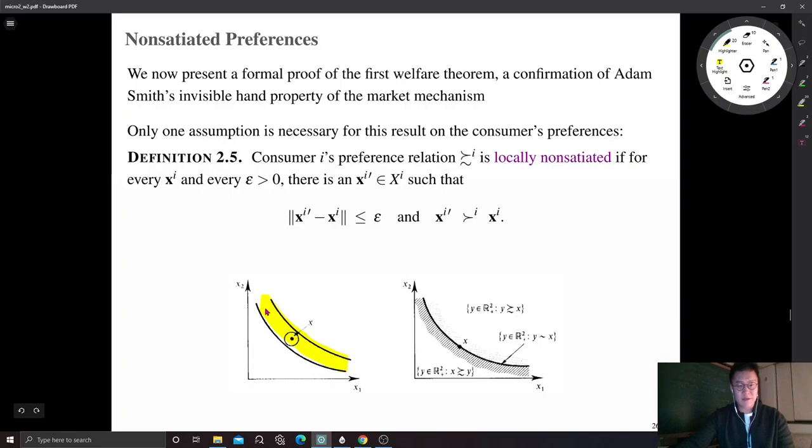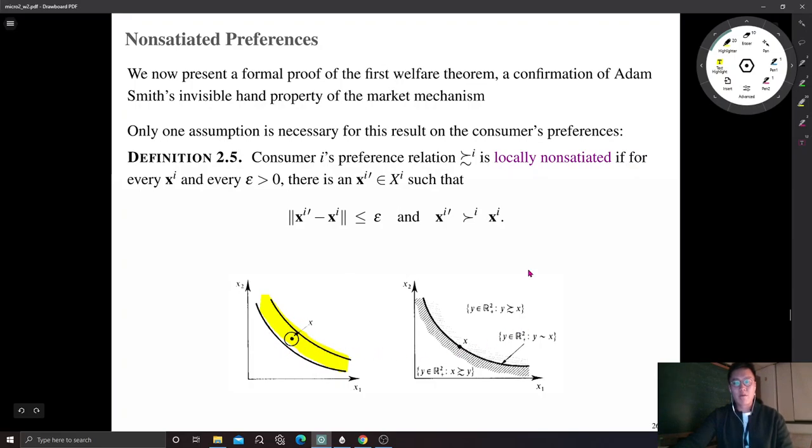Suppose an indifference curve is thick, meaning that every bundle in this region is indifferent. If the indifference curve is thick like this, then if we choose bundle x, in the neighborhood we can find some bundle x_i prime such that consumer i strictly prefers that x_i prime to the chosen bundle x, right? So this is an example where this assumption is violated.